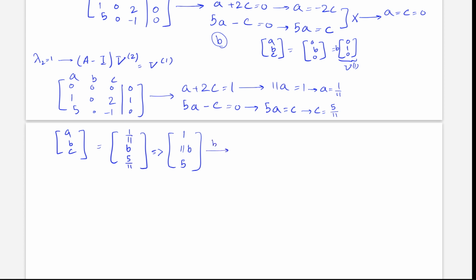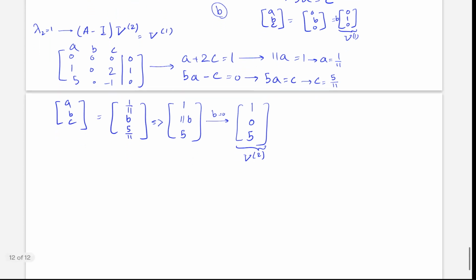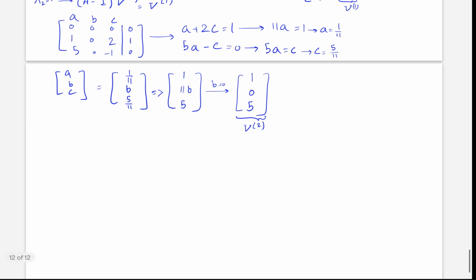So if b is 0, then it will be 1, 0, 5. This is our another eigenvector, which is v2. But it is a generalized eigenvector. So the final one, which is itself a distinct eigenvector, which is 0.